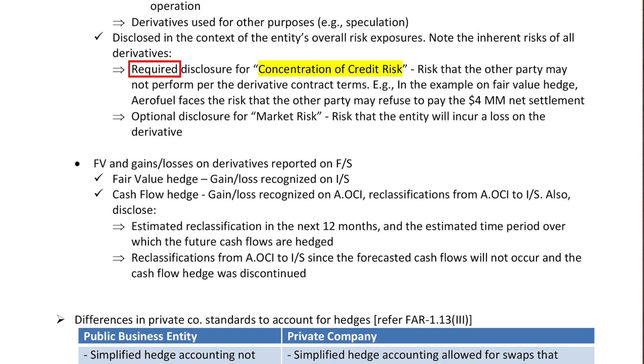In the example on the fair value hedge, Aerofuel faces the risk that the other party may refuse to pay the $4 million net settlement. So that's the risk of default, credit risk. There is put a box around optional disclosure for highlight market risk. Market risk is a risk that the entity incurs a loss on the derivative, and that's an optional disclosure.